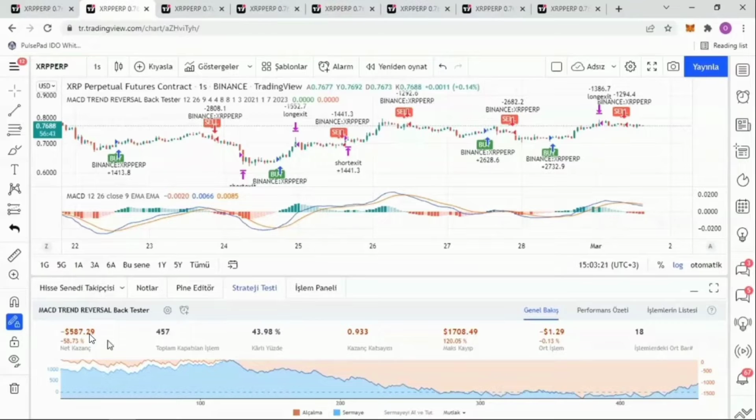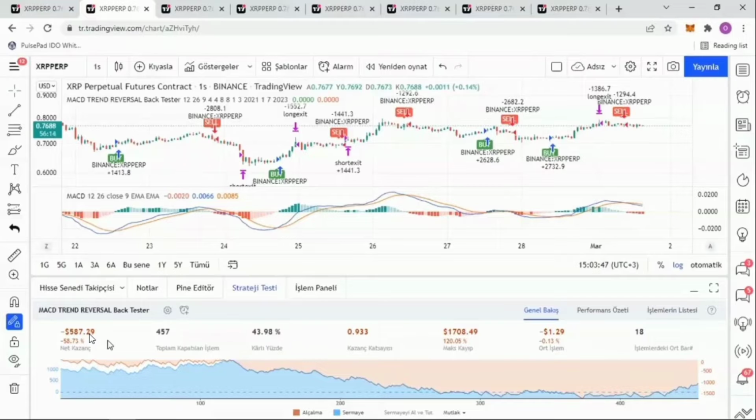Just like we explained in the previous MACD strategy, we can tell that most of the positions were closed by the opposite direction signals before they hit the desired take profit levels. For example, we were waiting for our position to be closed with an 8% profit, but it was closed with the opposite direction signal and gave us only 3 or 4% profit.